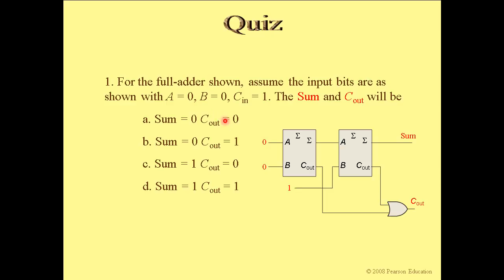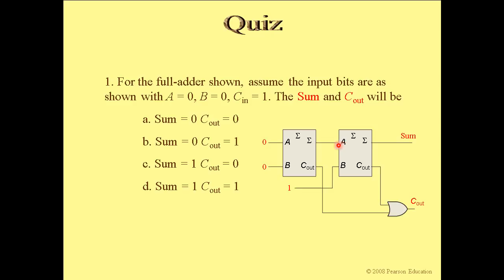So for an example, this is a 1-bit adder, right? Why? It's actually adding only one bit from A and one bit from B, right? So you are given what the bits are, like A is 0, B is 0, and C in is 1, which is given to you here. So I pretty much wrote it here. And then you have to find out what will be the sum and carry at the very last stage.